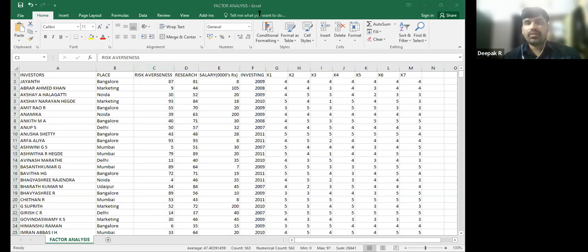And once we have understood their behavior, it is possible for us to ask some more questions: tell me what are the investment strategies that you adopt, whether you invest in mutual funds, shares, fixed deposits, everything else. And by having this data, it will be much more useful. So what I have done later on is I have transferred the data into SPSS.